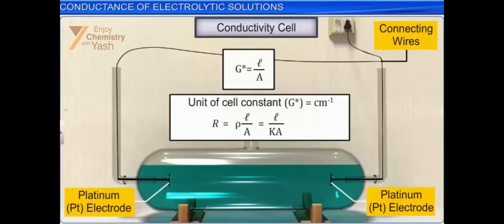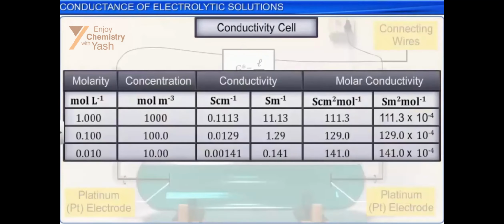A better approach is to determine the cell constant by measuring the resistance of the cell when it contains a solution of known conductivity. For this purpose, we use potassium chloride solutions whose conductivity is known accurately at various concentrations and temperatures.